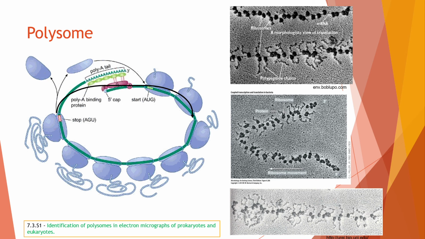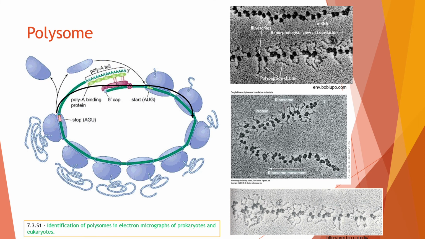Why is it important? Because at the end of translation, so arriving to 3' end of a translated mRNA, the ribosome separates in two subunits, and it is supposed to be recycled and used in another translation. But if you want to produce the same protein in many copies, then we want to start the new translation of the same molecule as quickly as possible.